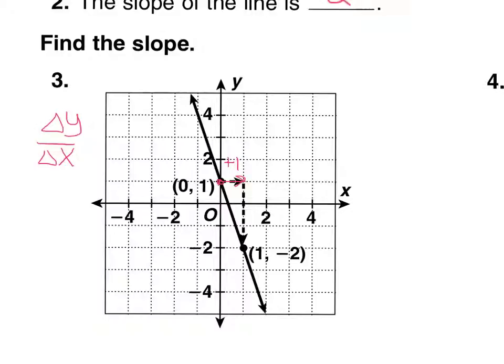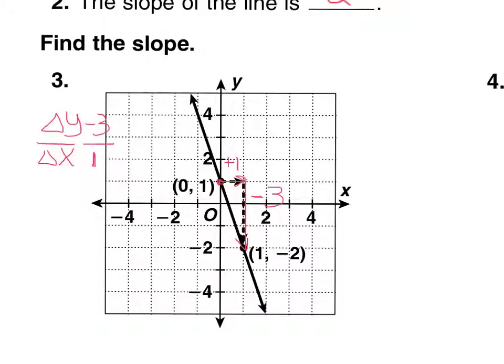Now, is that the rise or the run? Moving left and right, that's the run. That means our +1, our x value, would go in the denominator. And then they went down, how many units? 1, 2, 3. So we went down, which is in the negative direction, 3. And that number goes in the numerator.